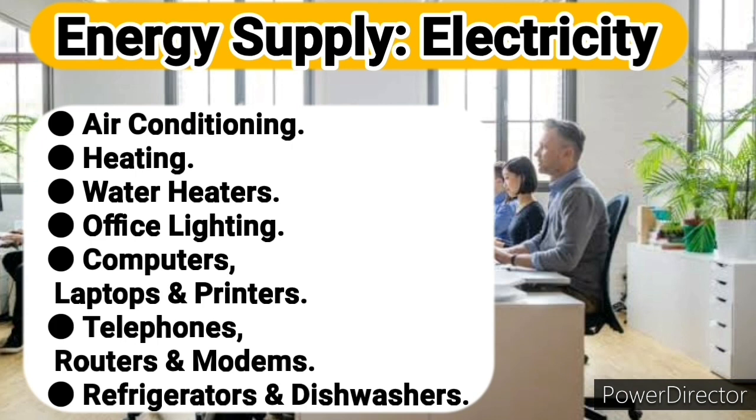This is used also for office lighting and for computers, laptops, and printers to function. There should be electricity or a supply of energy also for telephones, routers, and modems, and also to run the refrigerators and dishwashers in a government office.